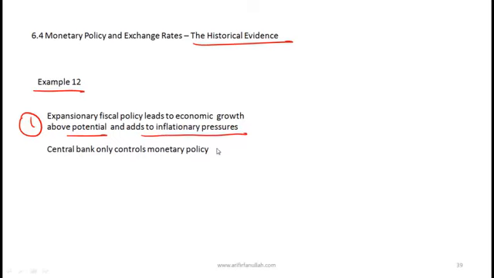We've already discussed that briefly, but I wanted to make sure you have this in mind as you approach example 12. The other point, which is rather obvious but still worth reminding you, is that the central bank only controls monetary policy. The fiscal policy is controlled by the government. So with those additional points, you can now attack example 12.